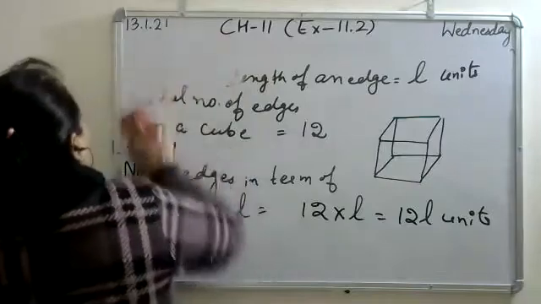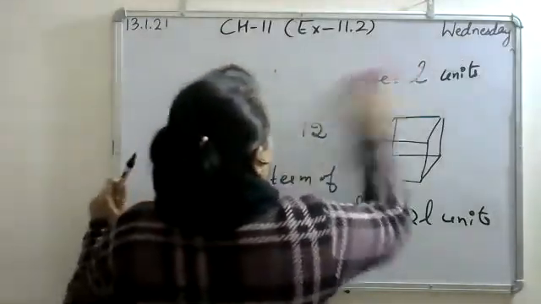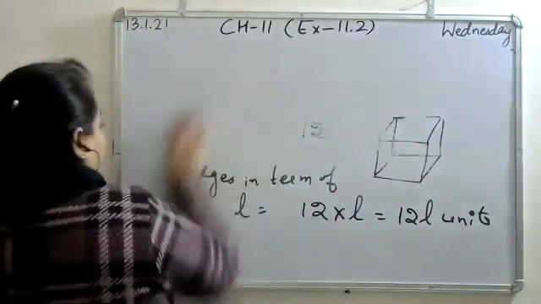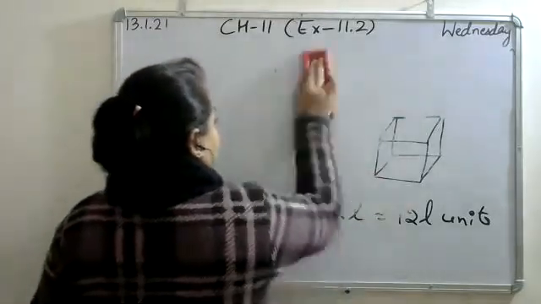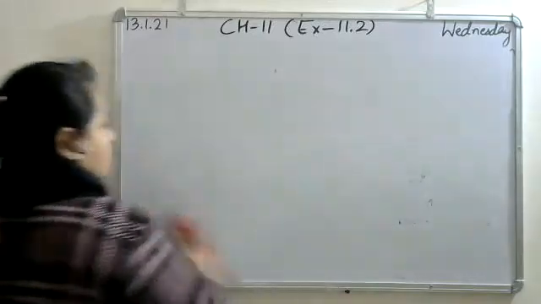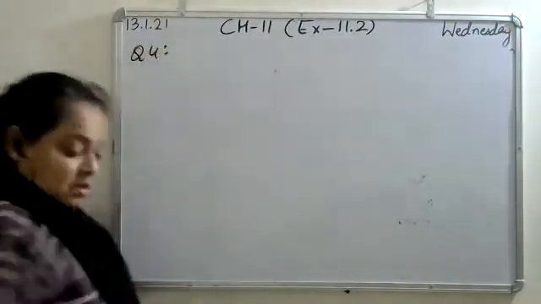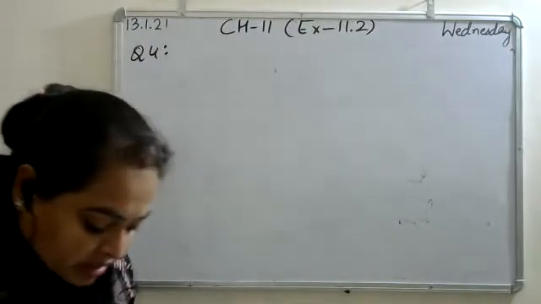Now come to the fourth question. Come to question number 4. The diameter of a circle is a line.